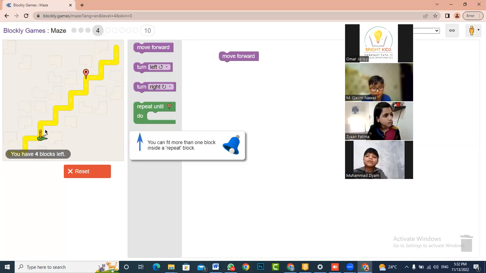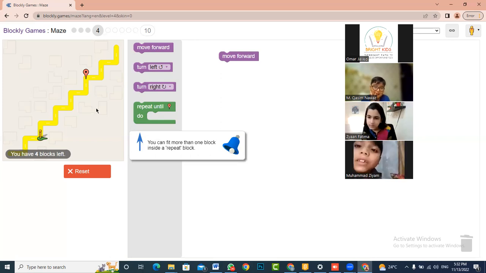Left or right? So this is facing this side. If it needs to go up, which direction should it take? Left or right? Ziam, you tell me. My question is from Ziam. Unmute yourself first and then tell me.